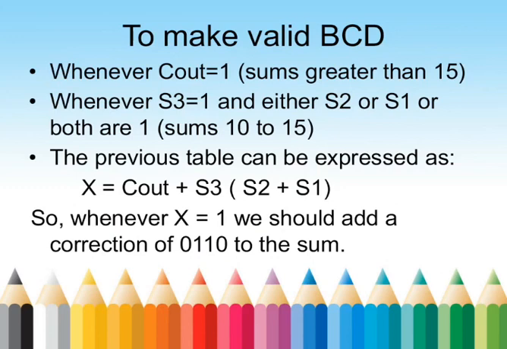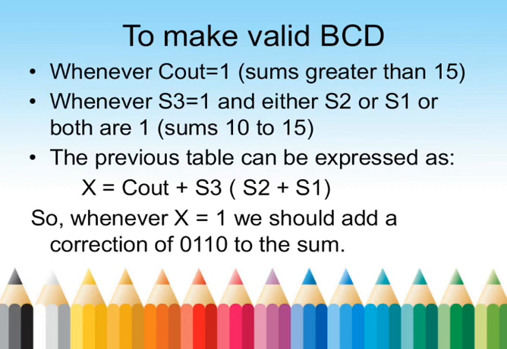And the second prediction: whenever S3 is 1, we check the next two conditions, whether S2 or S1 or both are 1. If so, the sum ranges from 10 to 15.